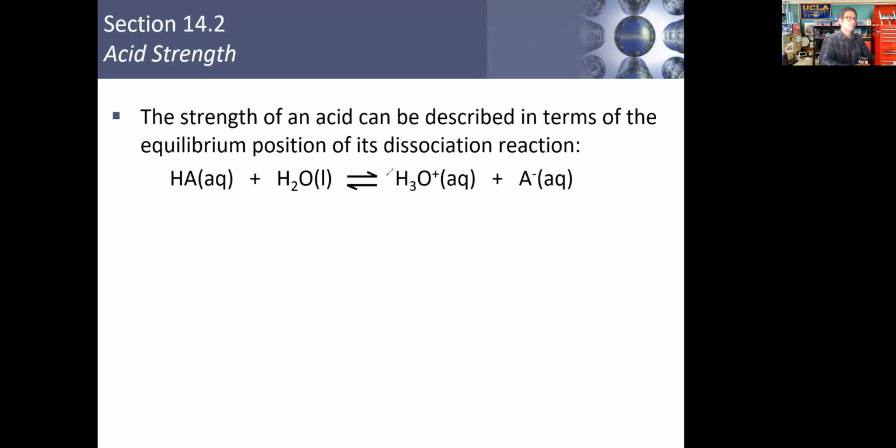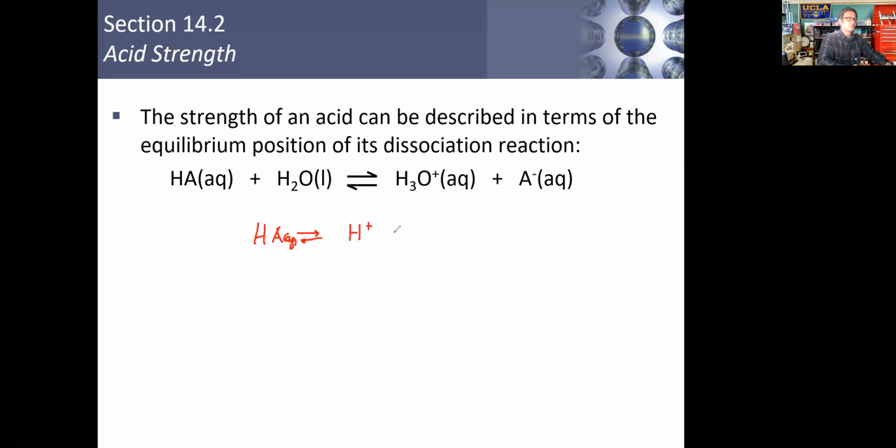If we're talking about HA as an acid, according to the Arrhenius theory, this equilibrium is happening here, where this compound breaks up into two components: the hydrogen ion and the appropriate anion. So an acid is any compound that can produce an ionizable hydrogen, a hydrogen ion. That's essentially what he's saying.